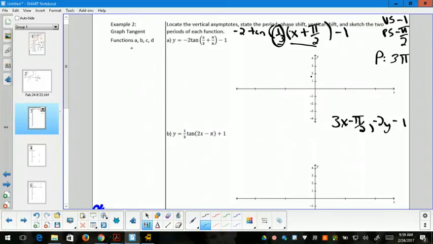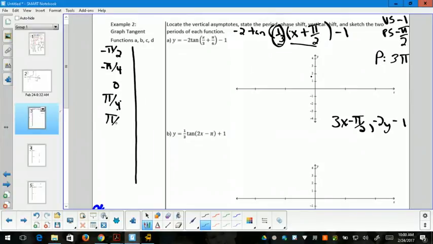So we'll start with our table for tangent. Negative pi over 2, negative pi over 4, 0, pi over 4, sorry, yeah, pi over 2, 3 pi over 4. Some of you will want to do it this way, some of you will want to extend it afterwards.